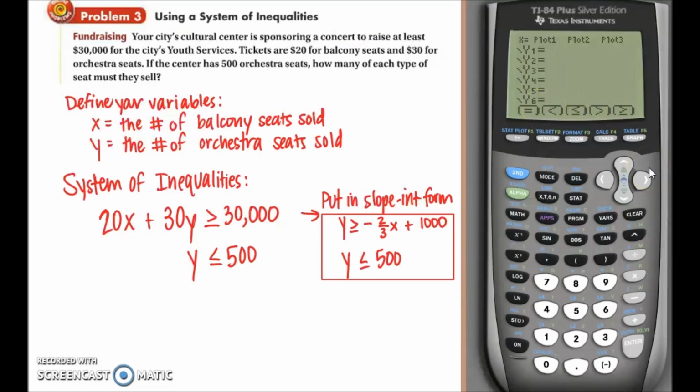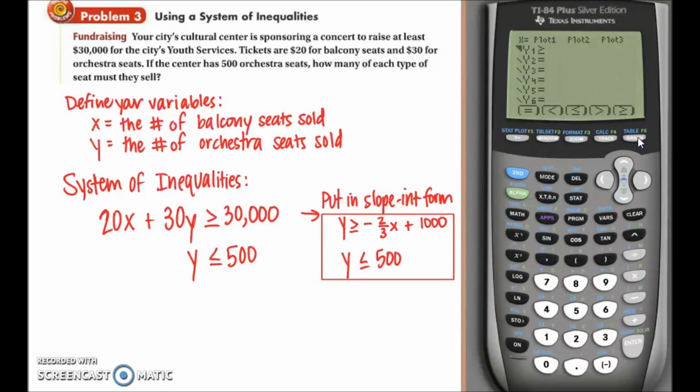So now let's go ahead and type in our two linear inequalities in the box right here. When we want to type in this first one, we want to use the greater than or equal to symbol. So you want to press alpha, which is this green button, and then go to graph, because that is basically using the greater than or equal to symbol.